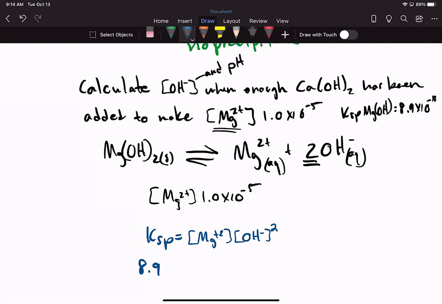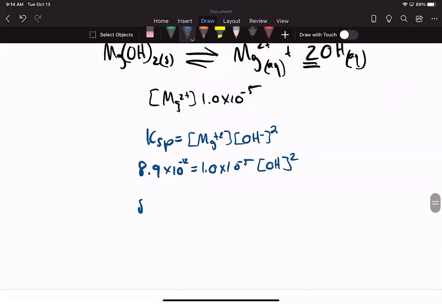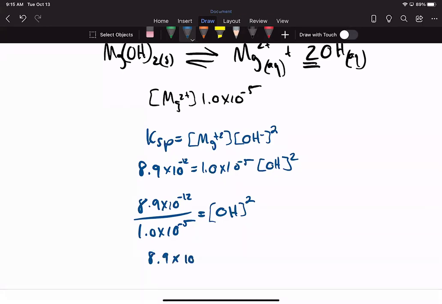Why is the book wanting me to do this when we can simply do this? 8.9 times 10 to the minus 12 is equal to 1.0 times 10 to the minus 5 times the hydroxide concentration squared. Then we can take 8.9 times 10 to the minus 12 divided by 1.0 times 10 to the minus 5, and we get 8.9 times 10 to the minus 7.